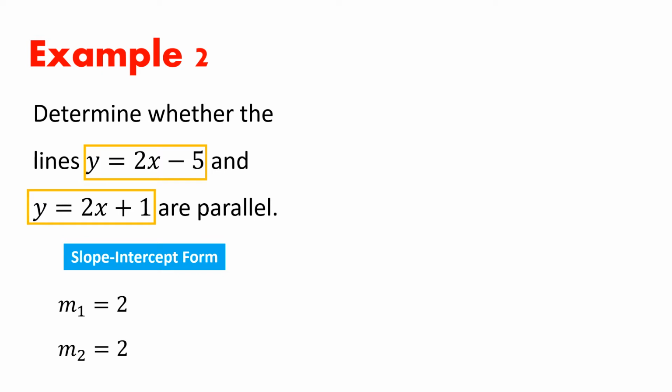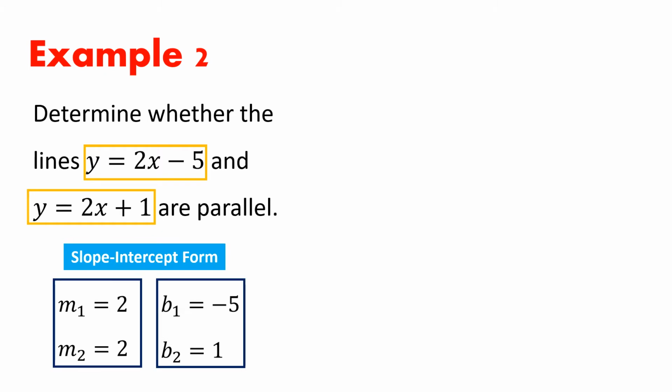The y-intercept of the line y equals 2x minus 5 is negative 5, while the y-intercept of the line y equals 2x plus 1 is 1. The slopes are the same and the y-intercepts are different. Hence, the lines are parallel.